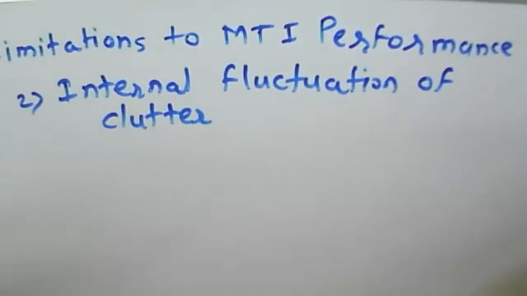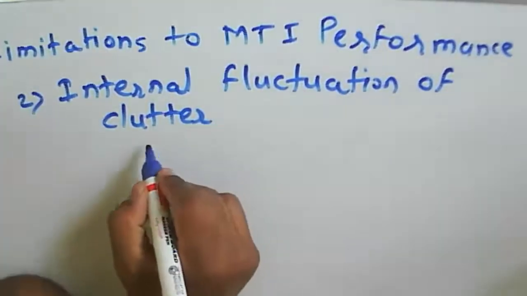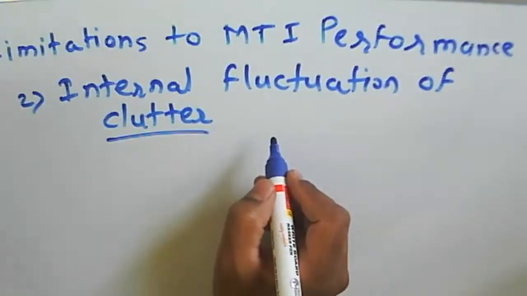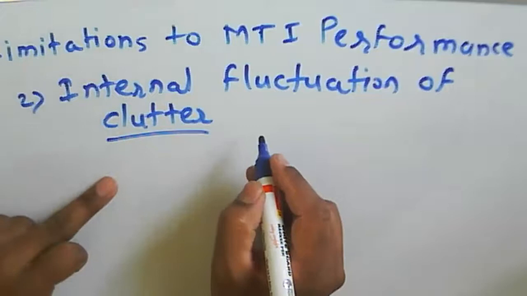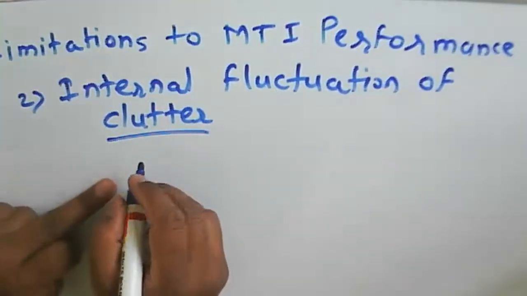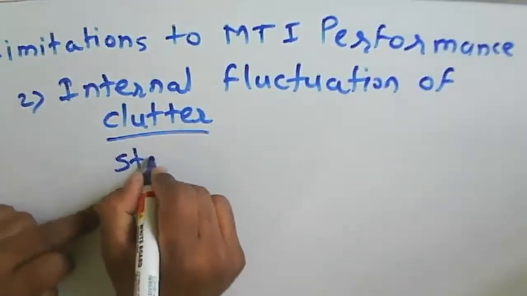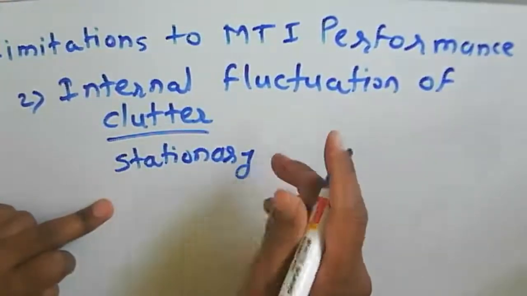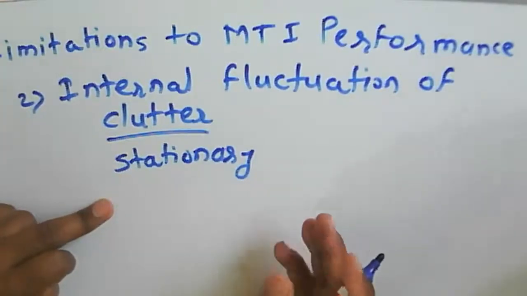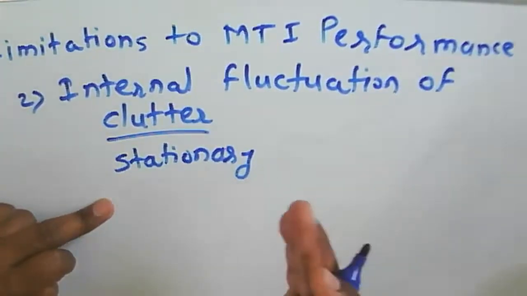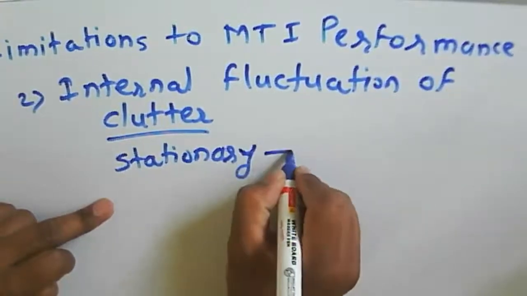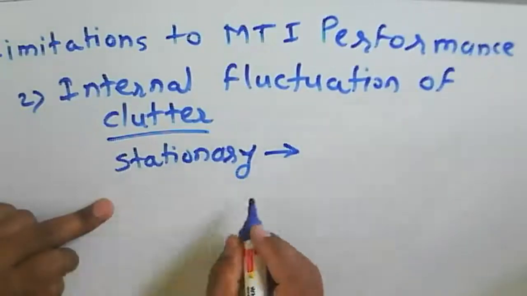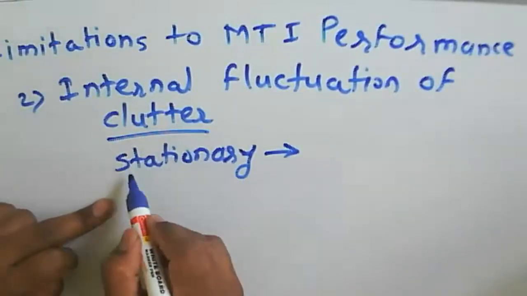Now a clutter signal is a signal or echo we have received from a stationary object. So what are those stationary objects? There may be trees, buildings, rain, sea, any vegetation. Likewise, there are various stationary objects, and we are getting clutter from many of these stationary objects.